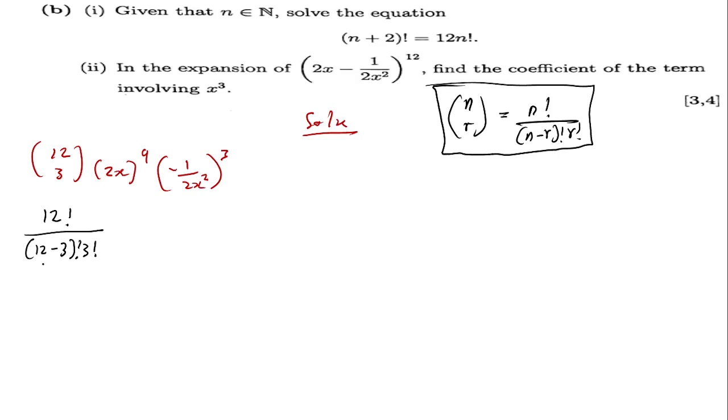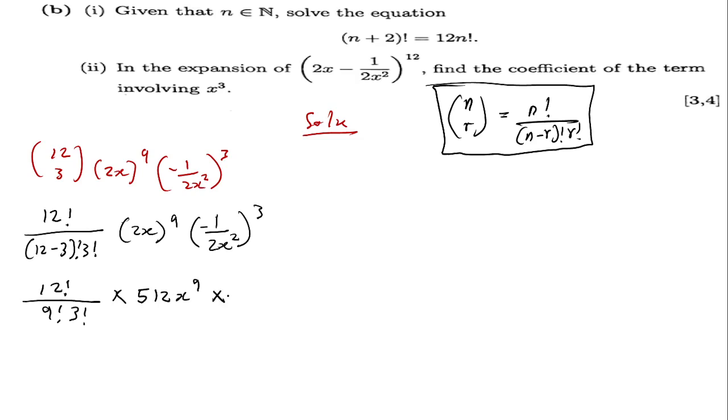So with this will be the same, 2x to the power 9, and then you have negative 1 over 2x squared to the power 3. With this information, you can say 12 factorial over 12 minus 3, it is simply 9 factorial, and then you have 3 factorial, and then times 2 to the power 9, which is 512, so 512 x to the power 9.